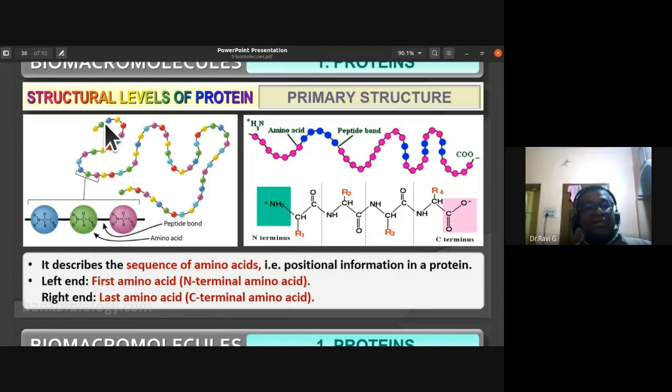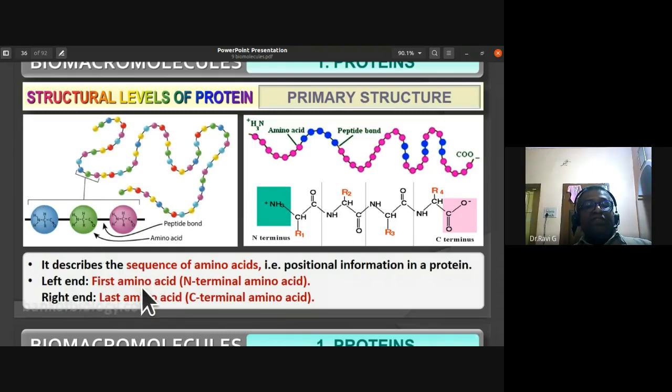It always describes the sequence of amino acids.